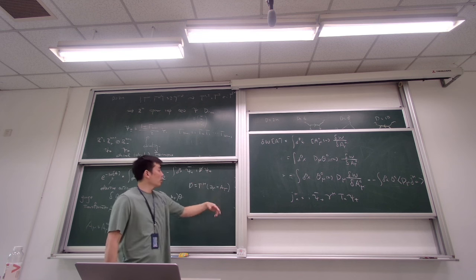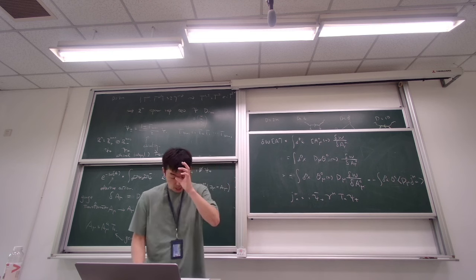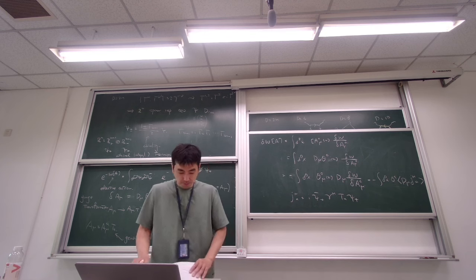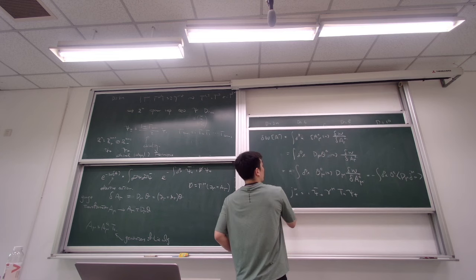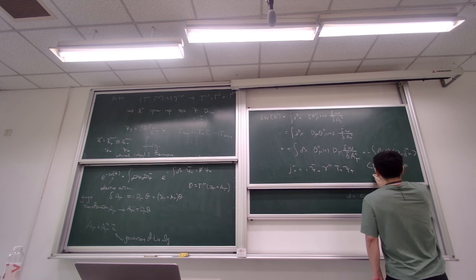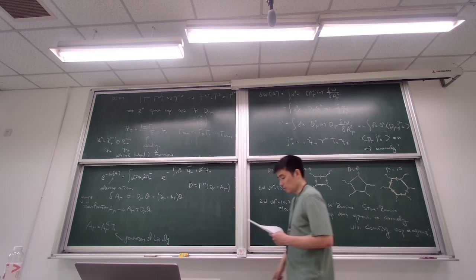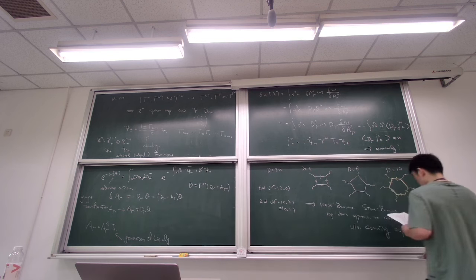So therefore you just get rid of it, and what's left is this guy. So this is the current of this gauge transformation. If ∂_μ J^μ_a is not 0, there is a serious anomaly.